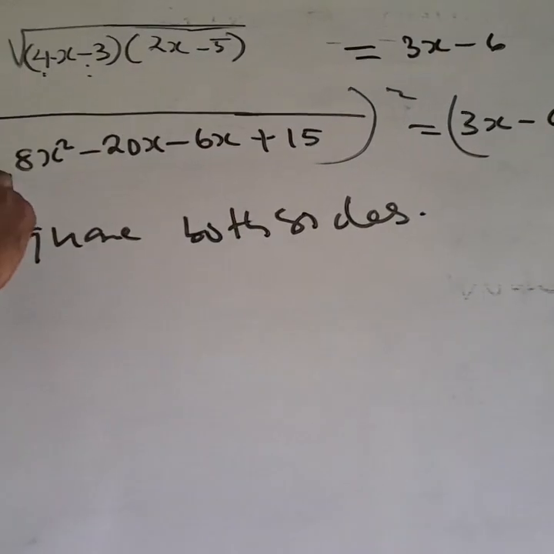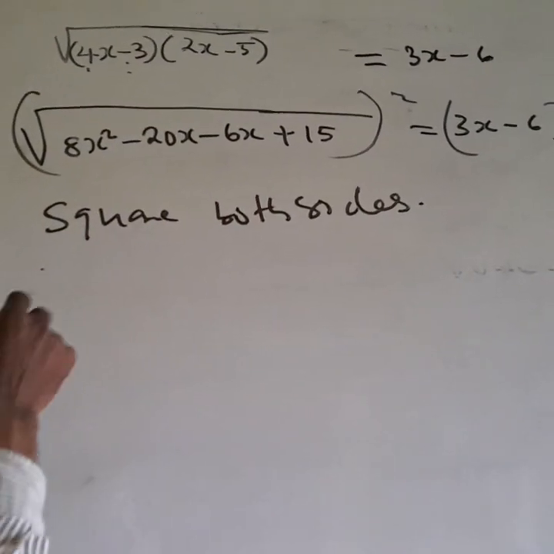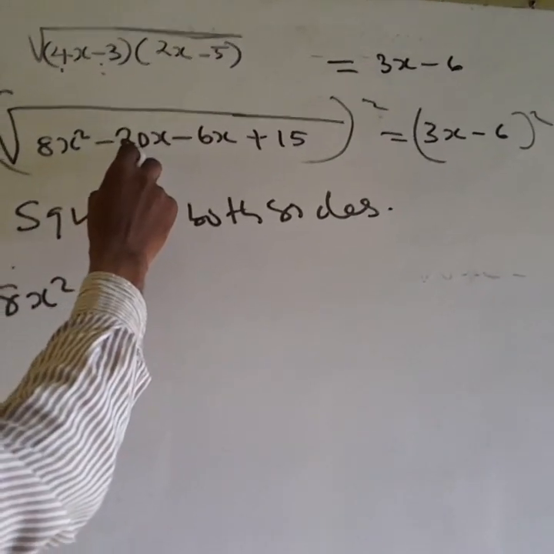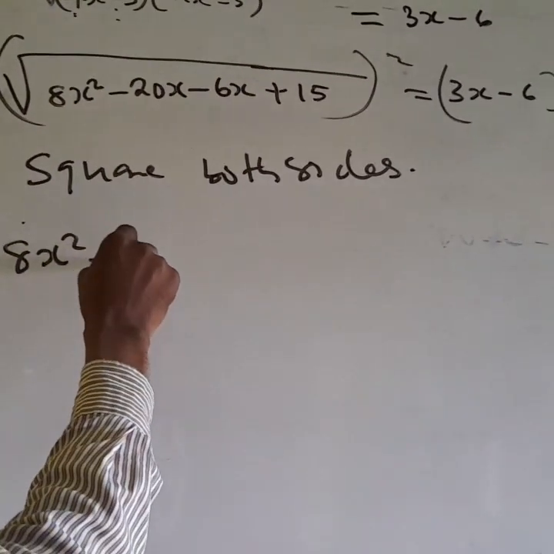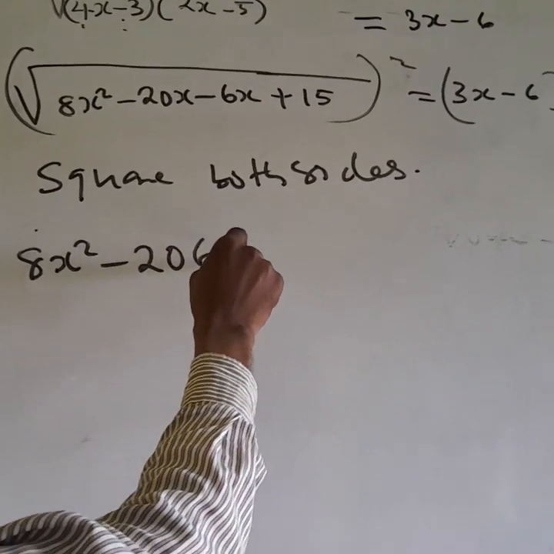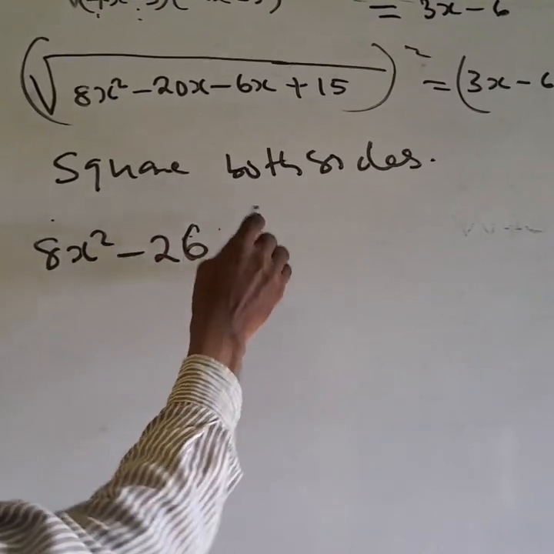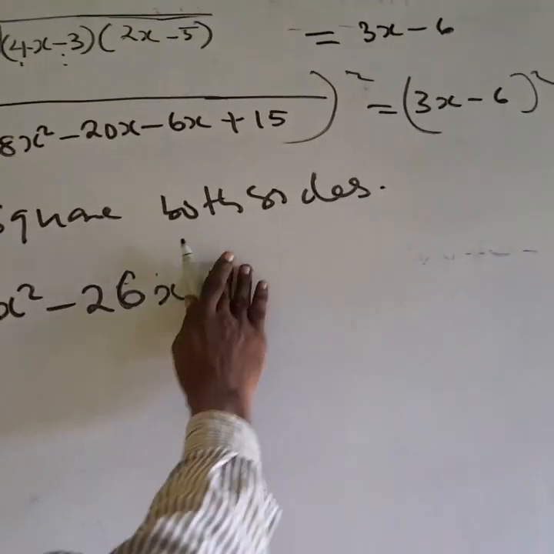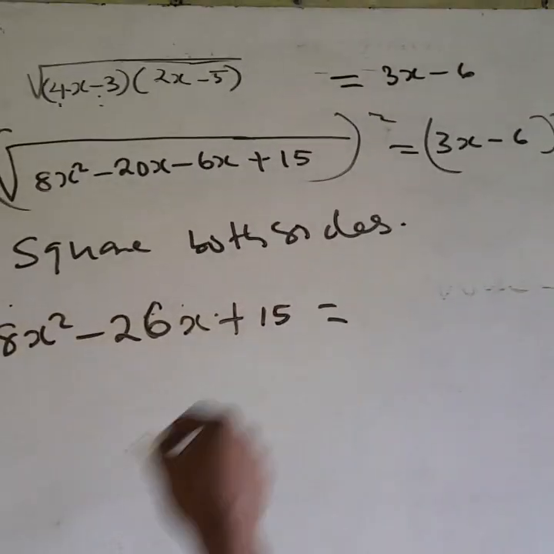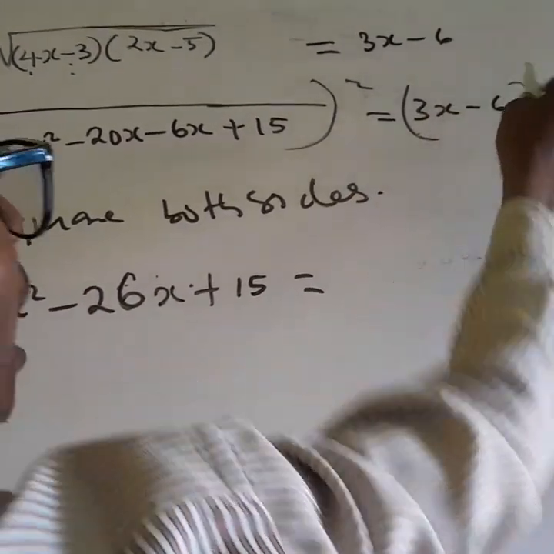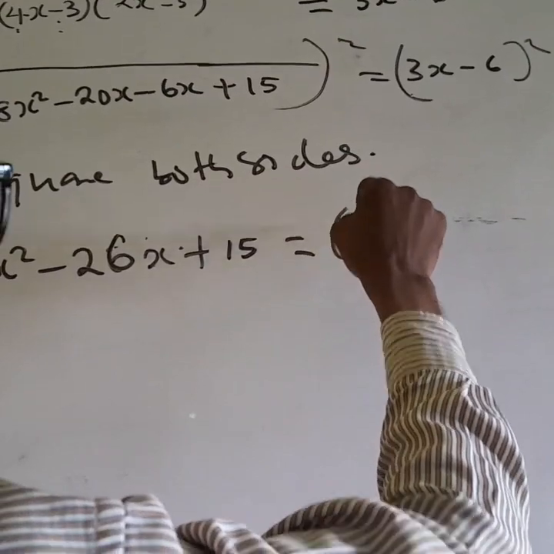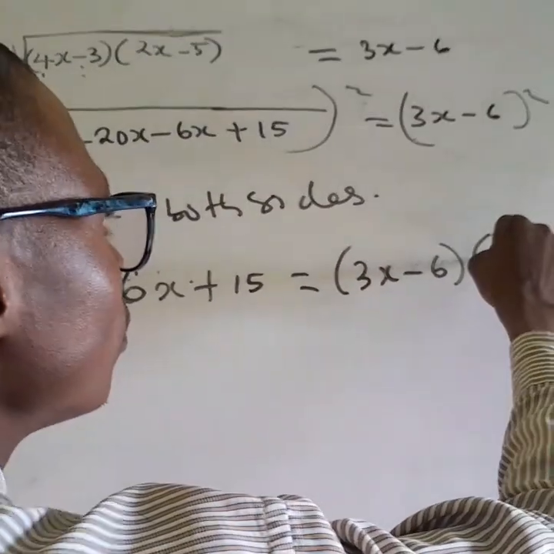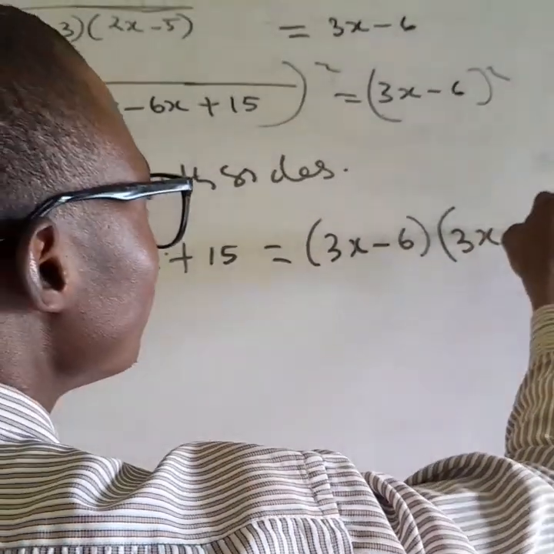So you now have exactly what is inside the square root: 8x squared minus 20x minus 6x, which gives minus 26x, plus 15, equal to 3x minus 6 squared.